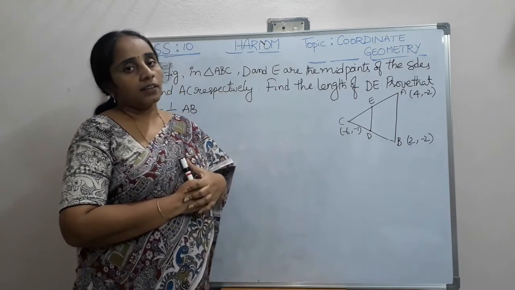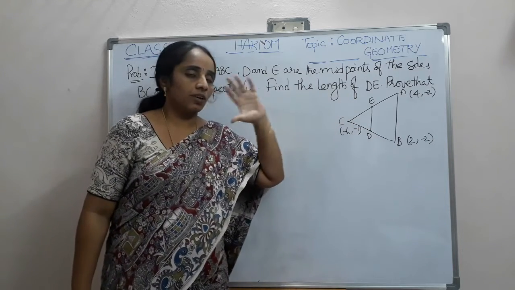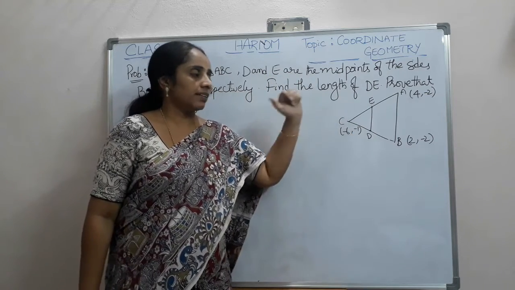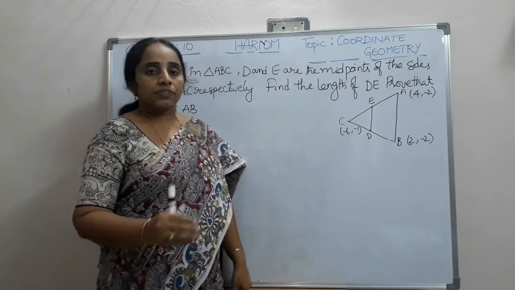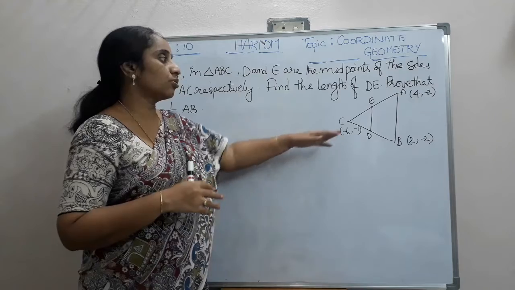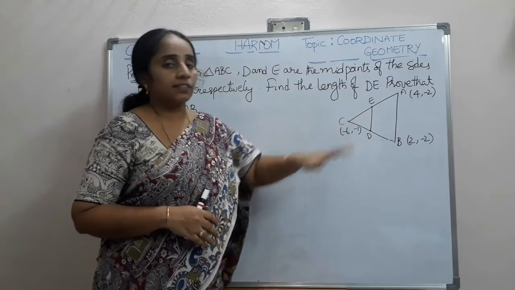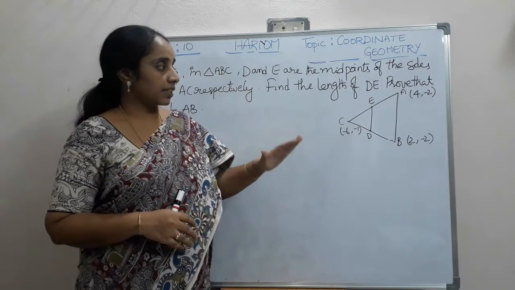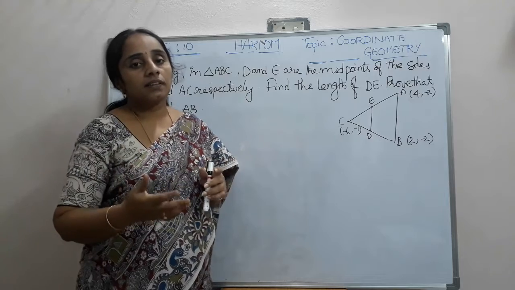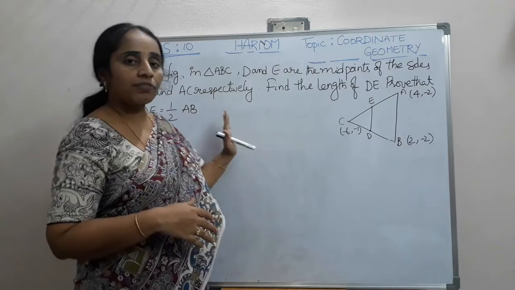So first we have to find the coordinates of D and E, which are the midpoints of BC and AC. So first we have to use the midpoint formula. After finding those two midpoints, we should find the length of DE. After that we should find the length of AB. From that we have to prove DE equals half AB.